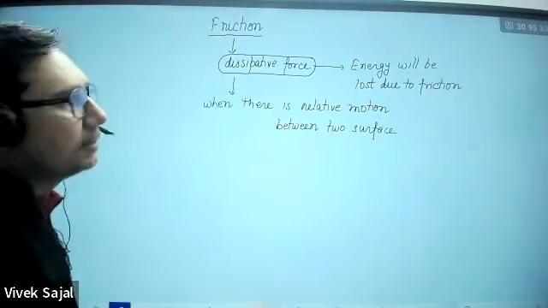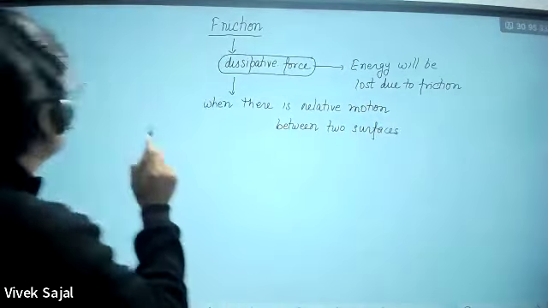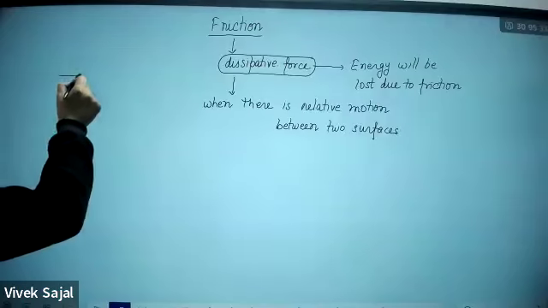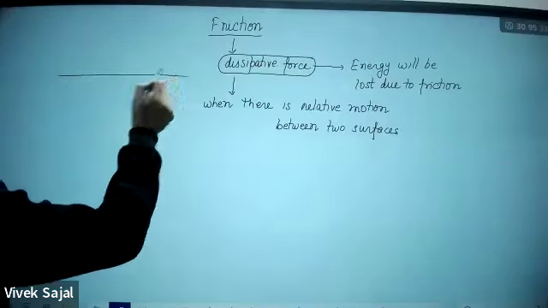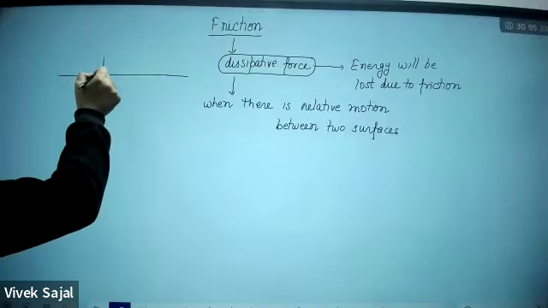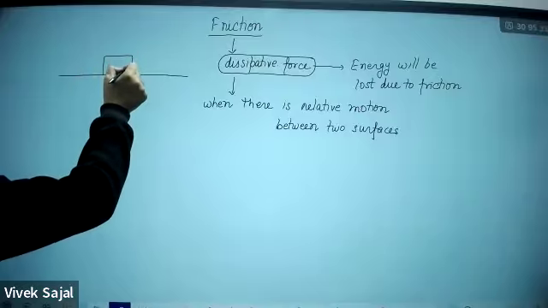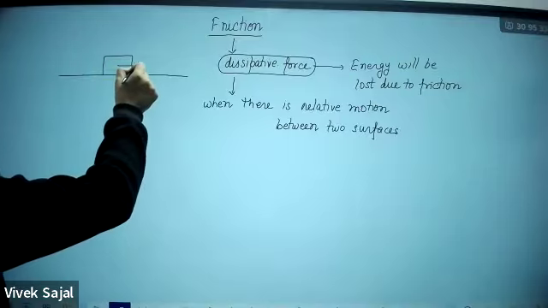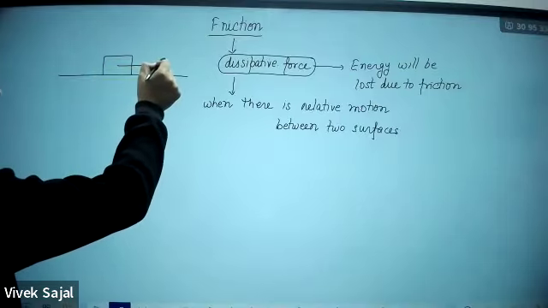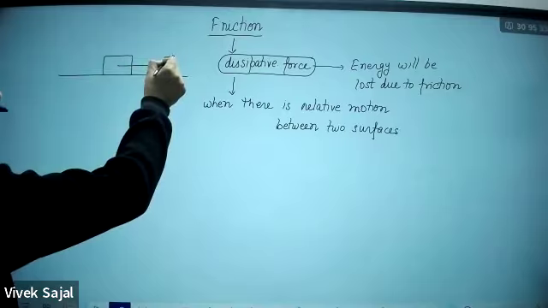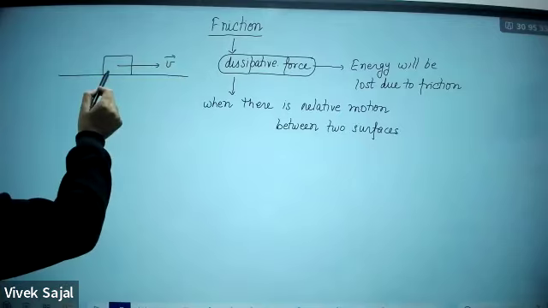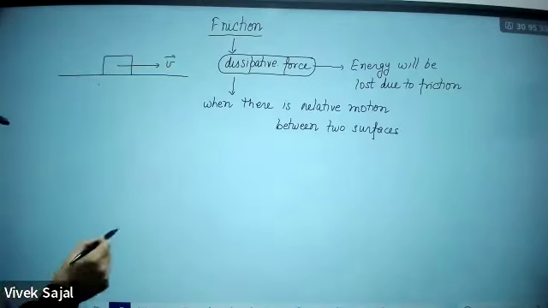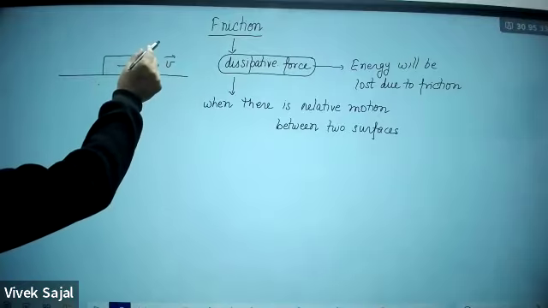Two surfaces here. So what I'm saying, suppose this is a block here I placed on this surface. And suppose this block is moving in this direction with some velocity. So basically with respect to the ground surface, this block is moving.